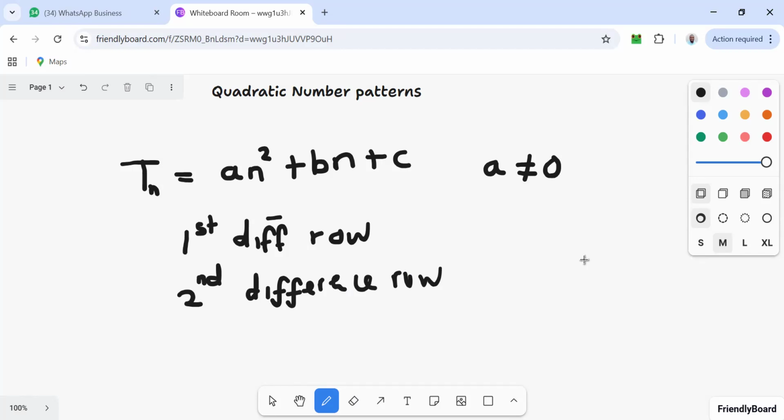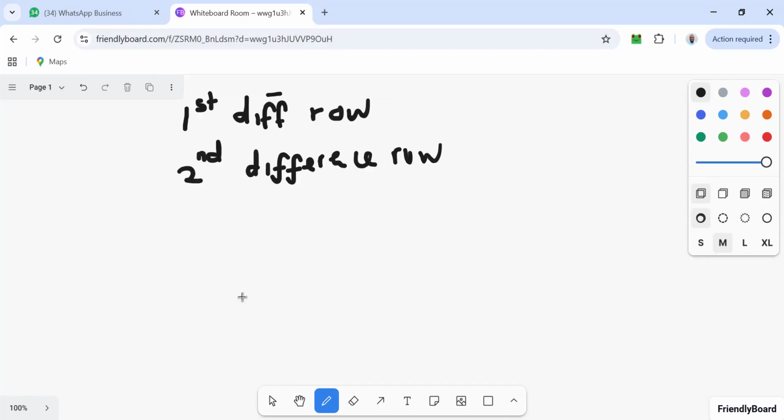So there are three rules or three concepts that you need in order to find the general term of a quadratic pattern. So what are the rules or the concepts? Let me just write here rules.